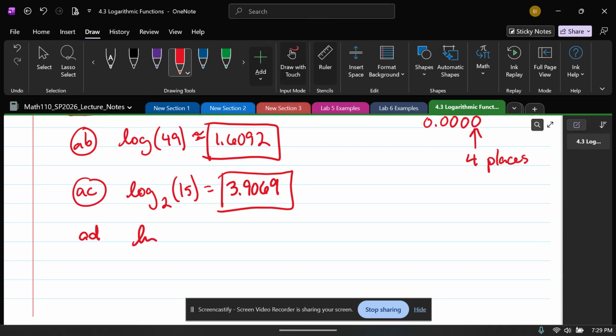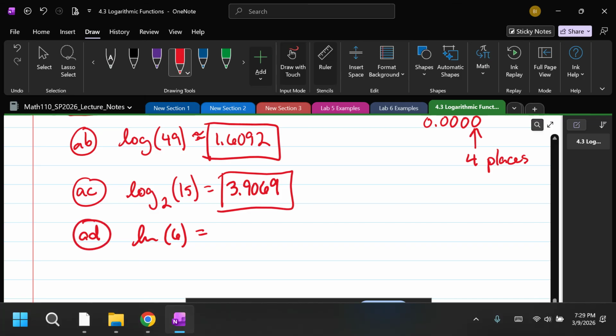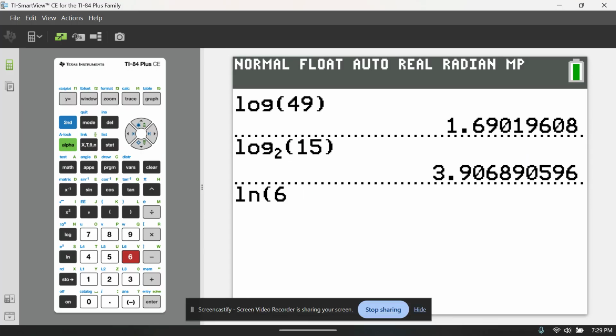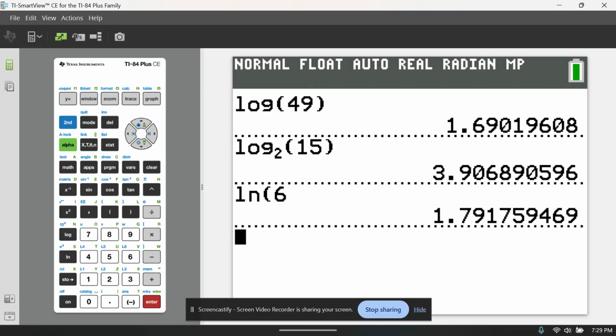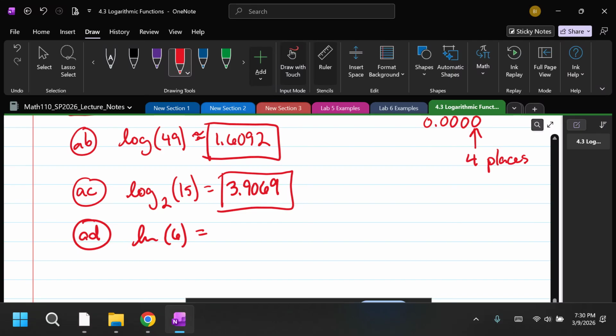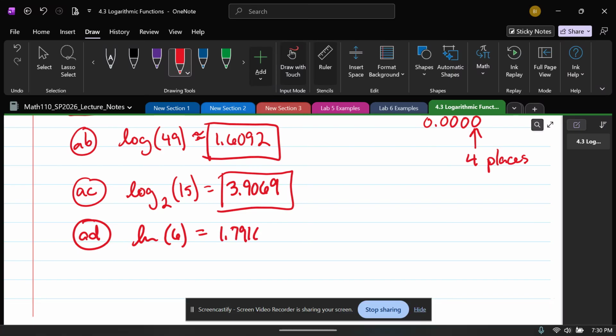AD. Let's do a natural log of 6. So we practice the natural log button. Natural log 6. Natural log's right there beside the 4. Hit that button. You don't have to close the parentheses even. So 1.7918. Very easy thing. And then AE, log base 1/2 of 71.